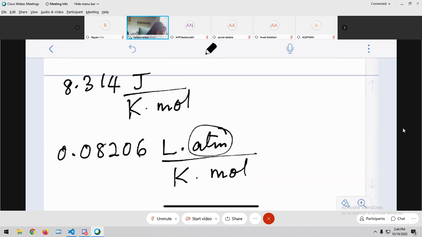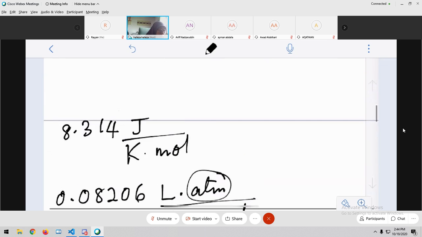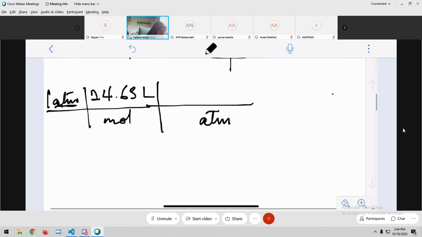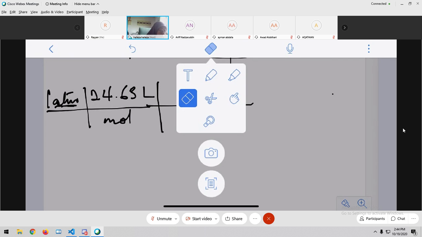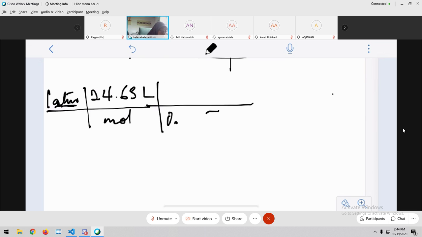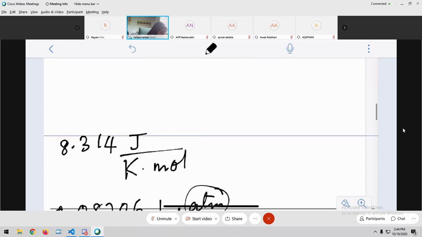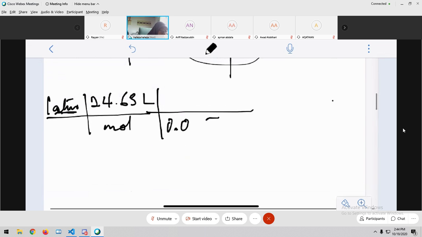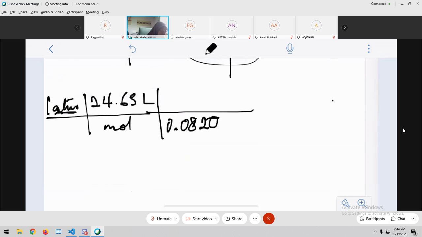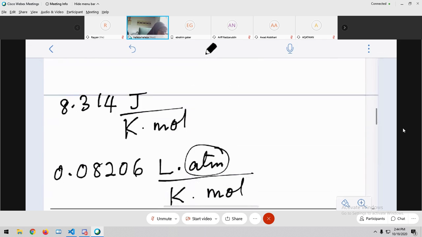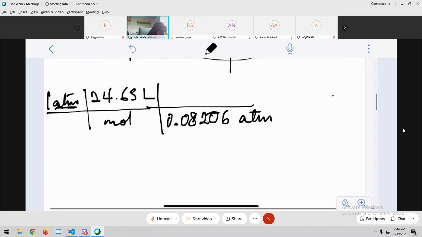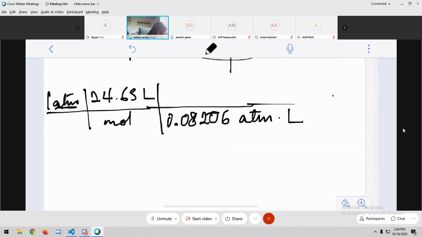So it's going to be 0.08206 atm, liter per mole per Kelvin. Okay, we cancel off atm.